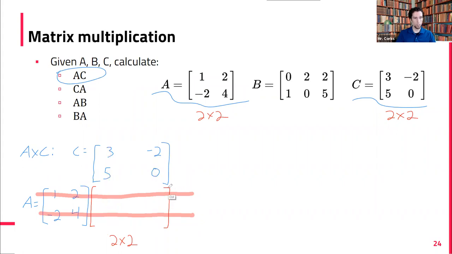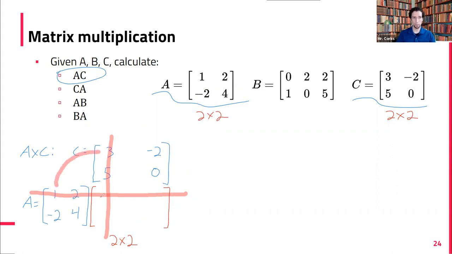We'll do the first one first here. So our first row times our first column. When we do this, we just match up the values again. So I'm going to take the first value times the first value.